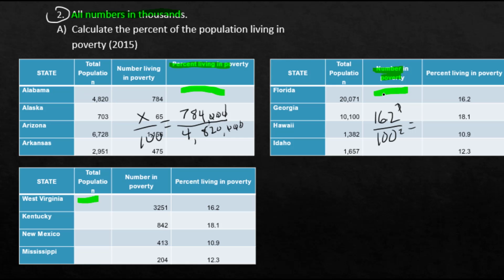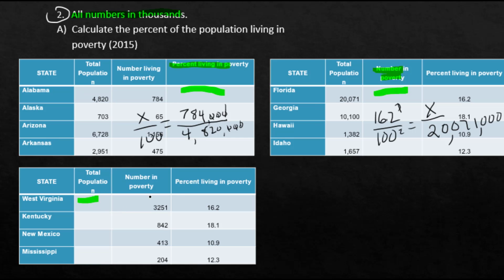And for the number of people living in poverty, I don't know. But the people living in the state would be 20071 and 3 zeros. So if you want to know the actual number living in poverty, not the number of thousands, you would do it that way. And then you just repeat that.